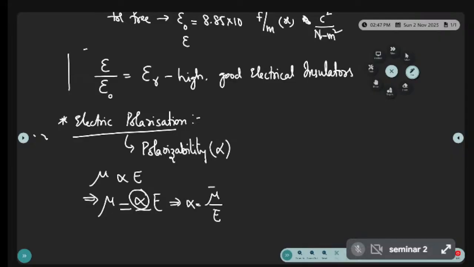So how to define polarizability? If I take E equal to 1 unit, what is alpha? For unit electric field, whatever dipole moment is created is called its polarizability.